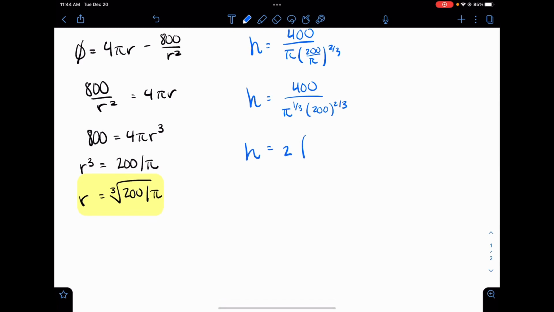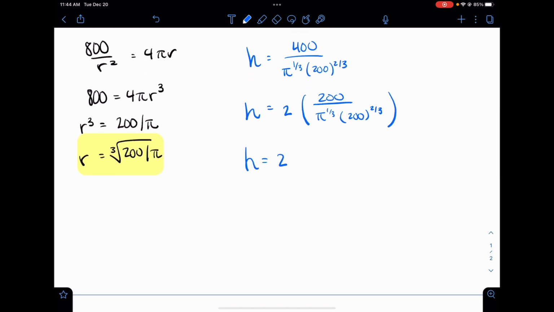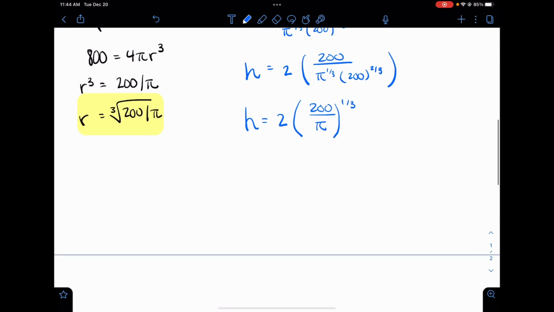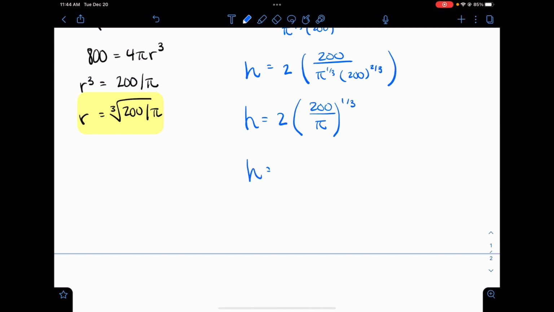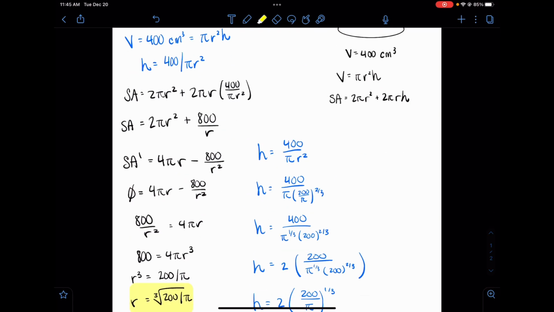You can pull out a 2, giving you 2 times 200 over pi to the 1/3 over 200 to the 2/3. Simplify this another step, and you get 2 times 200 over pi to the 1/3, leaving you with a height of 2 times the cubed root of 200 over pi. And these are the two dimensions that will give us the minimum surface area of our cylinder.